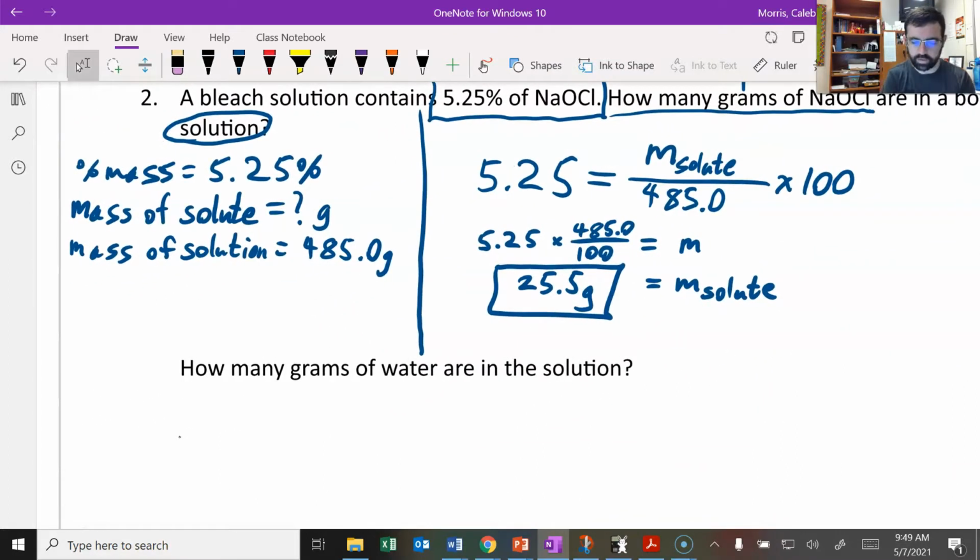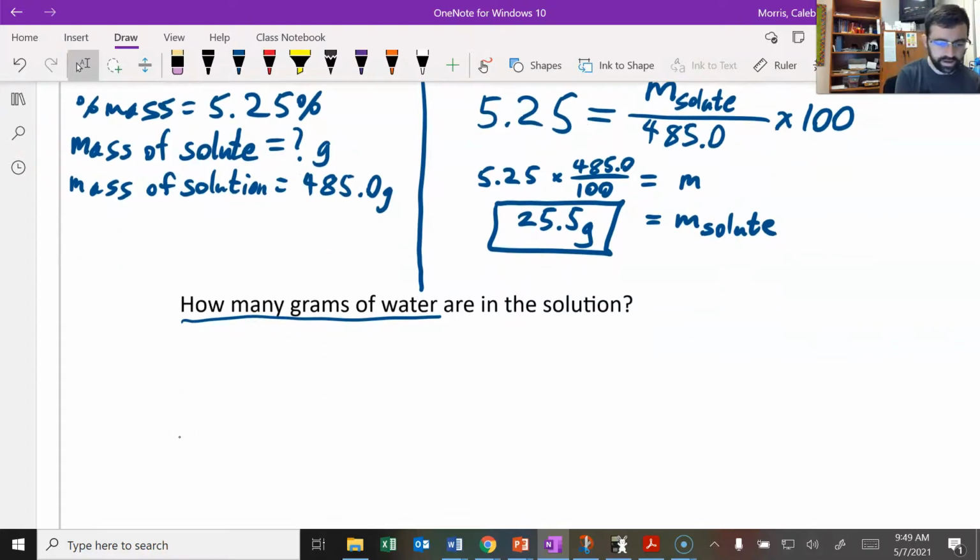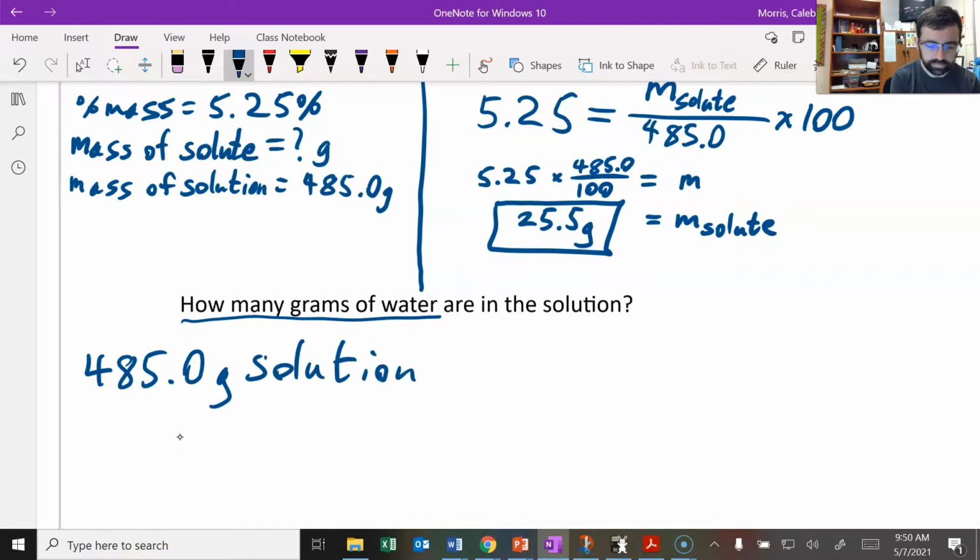How many grams of water are in the solution? So how would I find the number of grams of water? Well, water's our solvent. So if I want to know the number of grams in the solvent, it's going to be the mass of the solution minus the mass of the solute. So I have 485.0 grams of solution minus 25.5 grams of the solute.